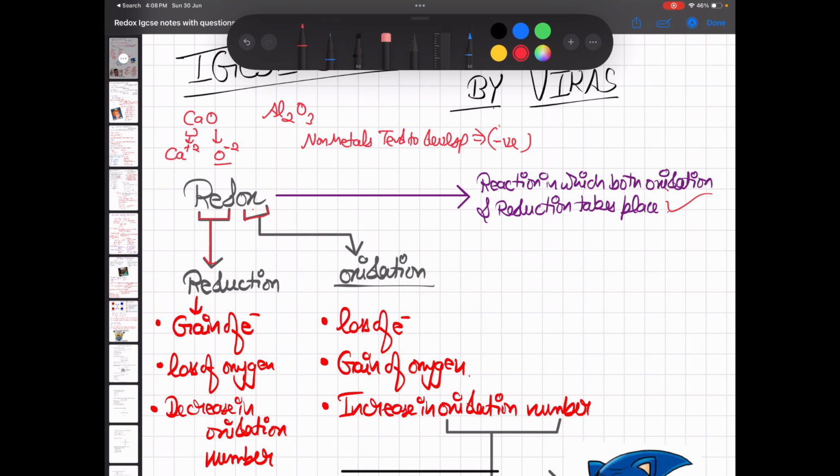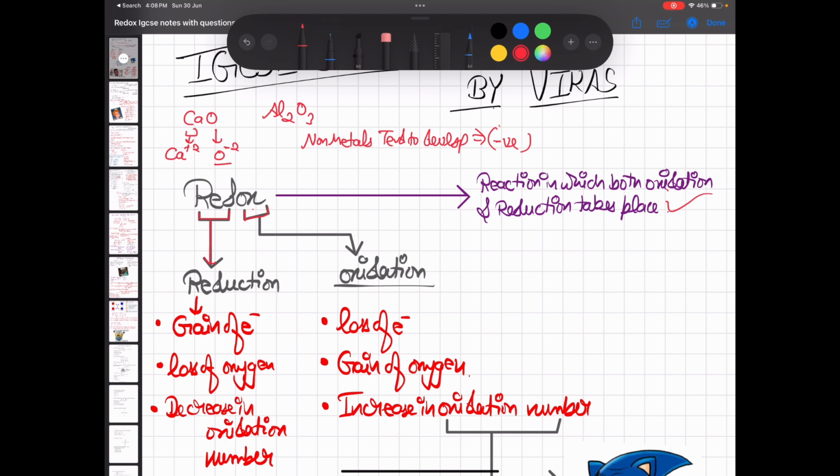Whenever oxygen is present in a compound combined with some other element, oxygen is always in the form of negative 2. What does negative 2 charge mean? Negative 2 means in order to be stable, it has gained 2 electrons. This is the point. So in order to be stable, oxygen has gained 2 electrons.